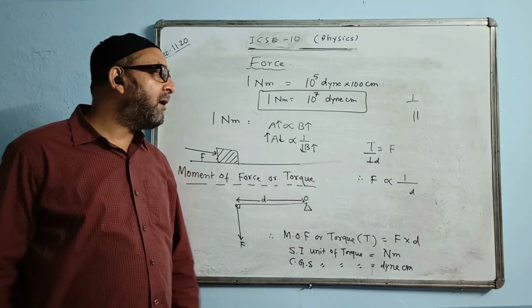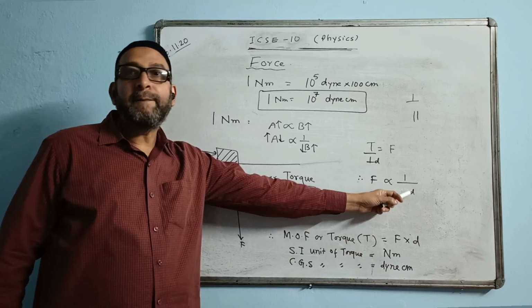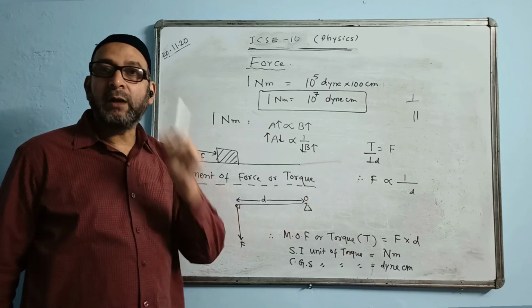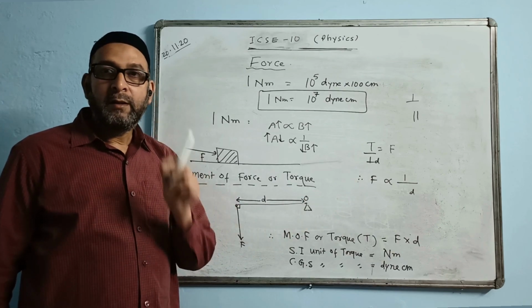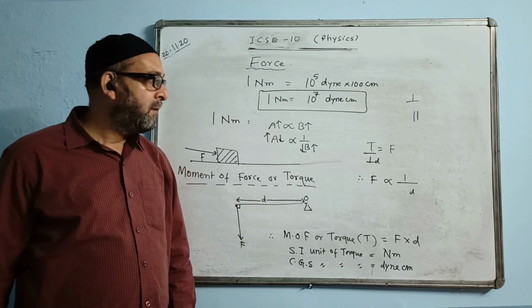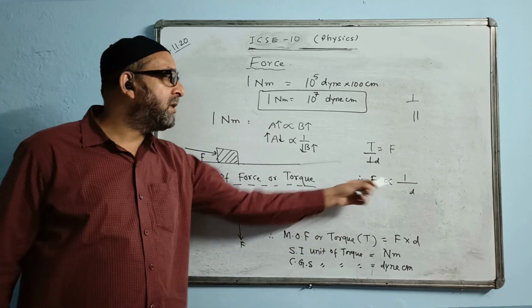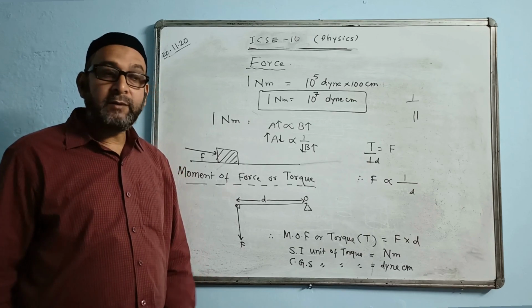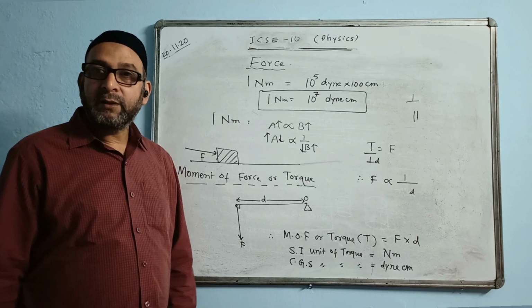The advantage of a long handle is that it provides a larger distance, and hence it reduces the amount of effort needed to produce a turning effect. So this is a very advantageous principle which we use in our daily lives.